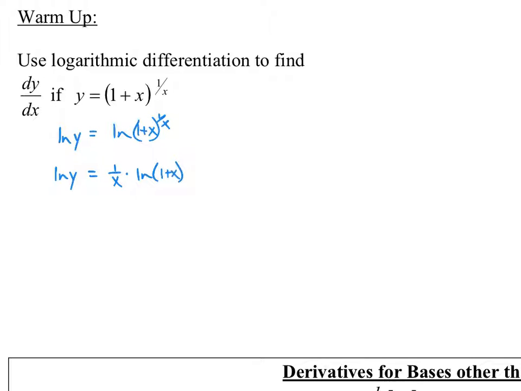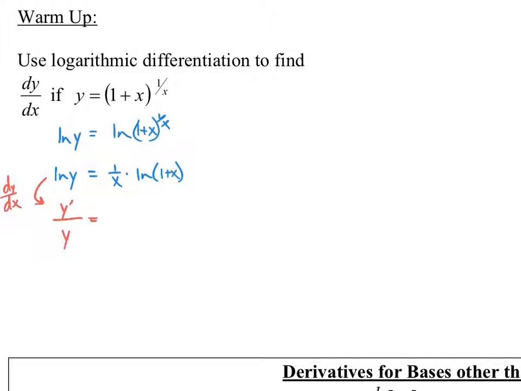And it's at this point that I would go ahead and take the derivative. Okay, so now I'm going to take the derivative. And the derivative of ln of y is going to be the dy dx, or y prime over y. And then on the right-hand side, I'm going to need to do my product rule.